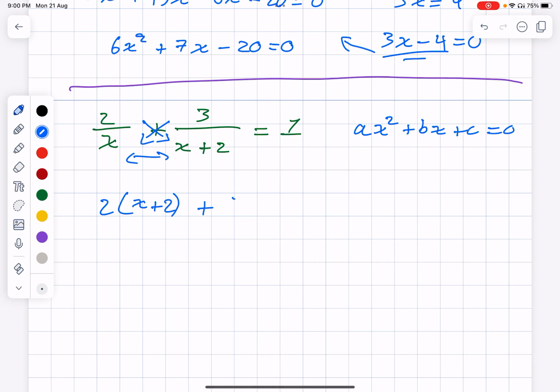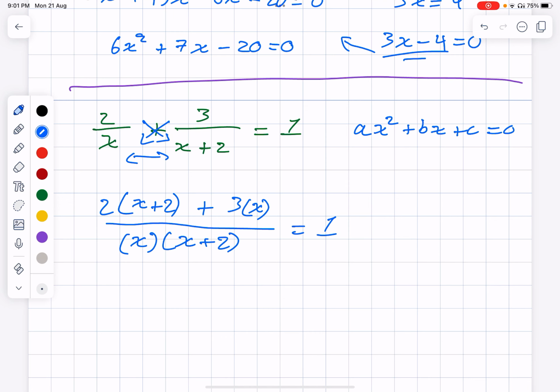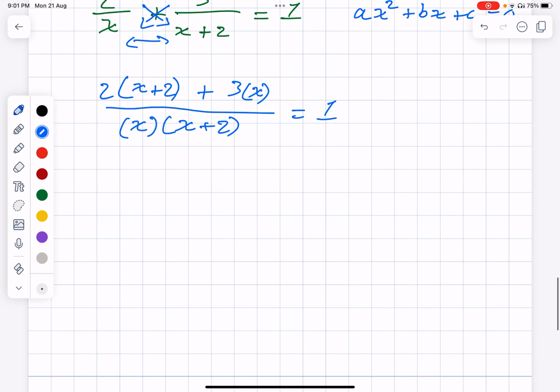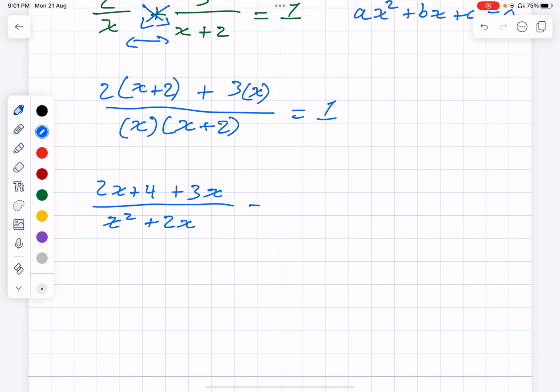This is how it's going to be: 2 times x plus 2, plus 3 times x, over x plus 2, equal to 1. The result is going to be 2x plus 4 plus 3x over x squared plus 2x, which is equal to 1.